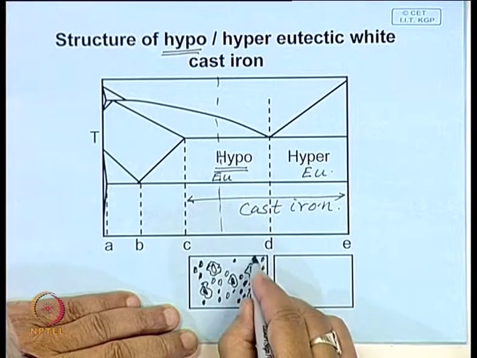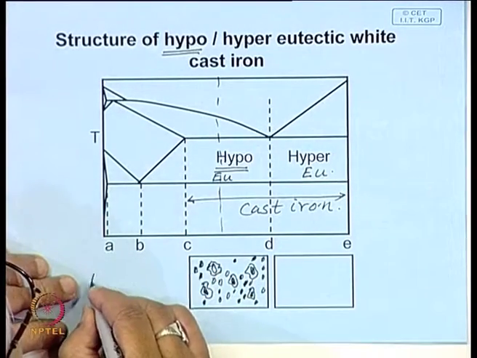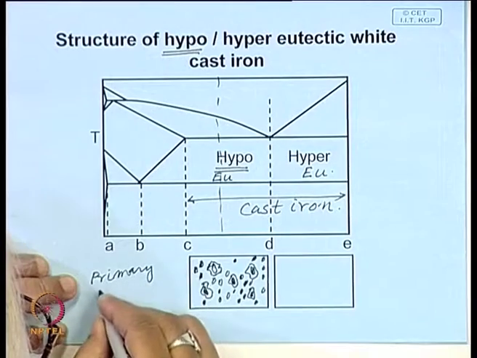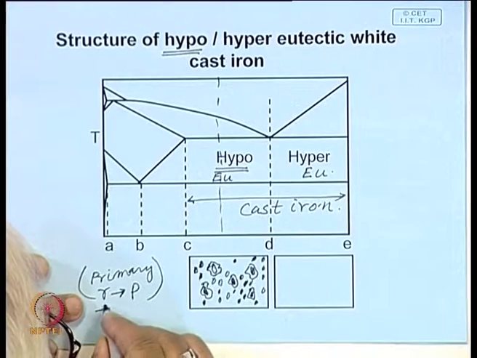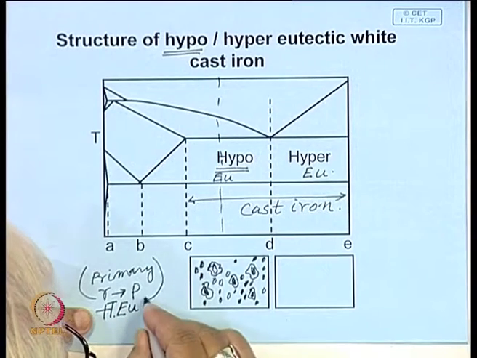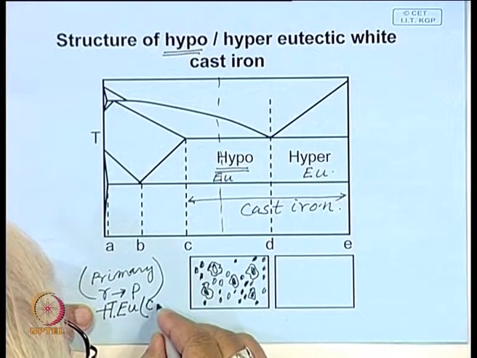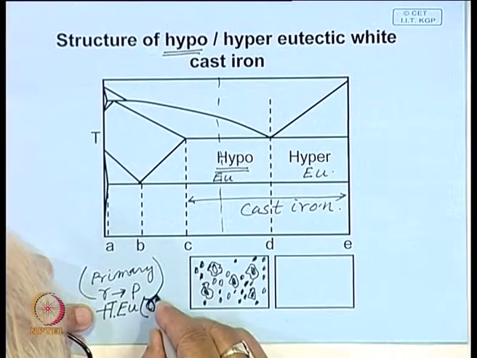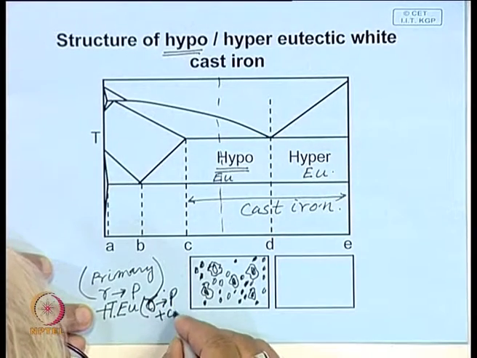And the structure will look like this: you will have primary austenite which has converted into pearlite, and you will have eutectic, that is transformed eutectic, which will consist of transformed austenite, which has transformed into pearlite, plus cementite.